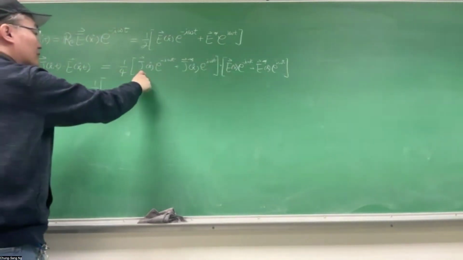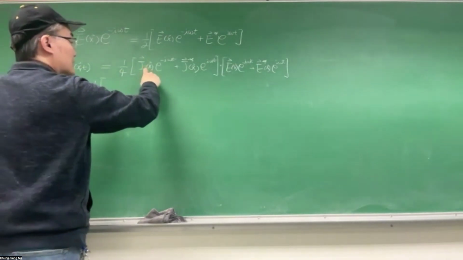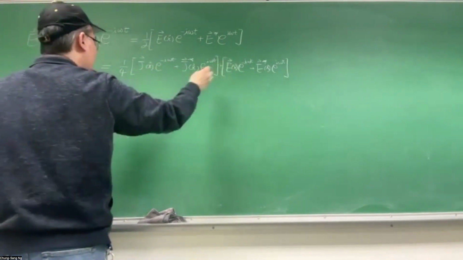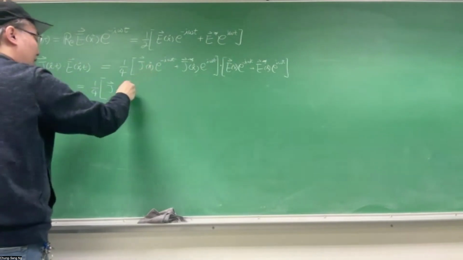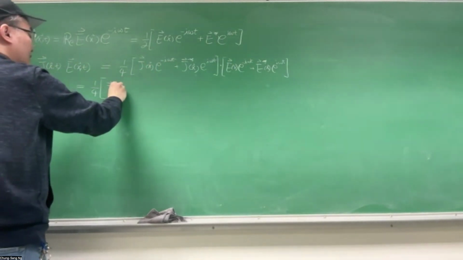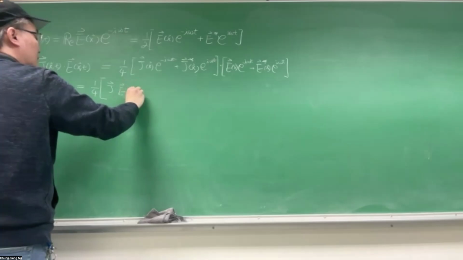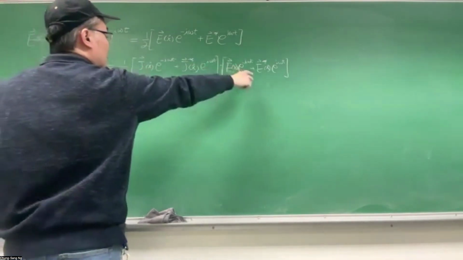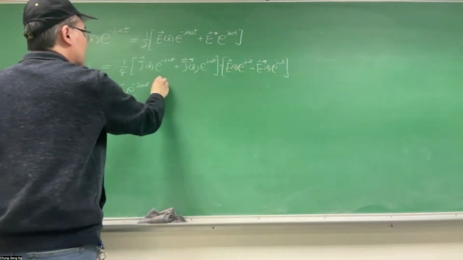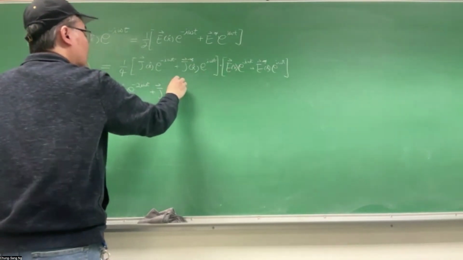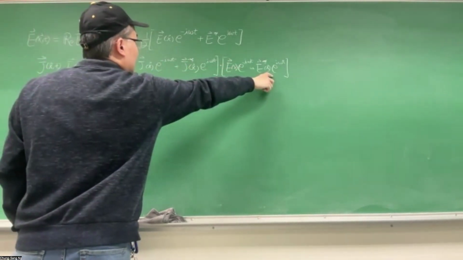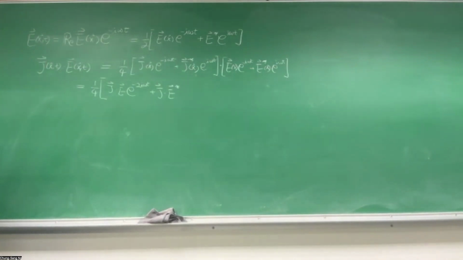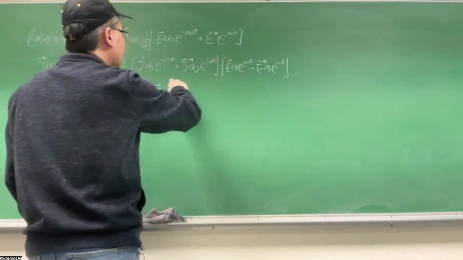Now you write it. The first is this times this: J dot E, with e to the i omega t. Right, and then this times that: J dot E complex conjugate. Now you have minus i omega t times e to the i omega t, so that cancels. So that becomes 1, right?